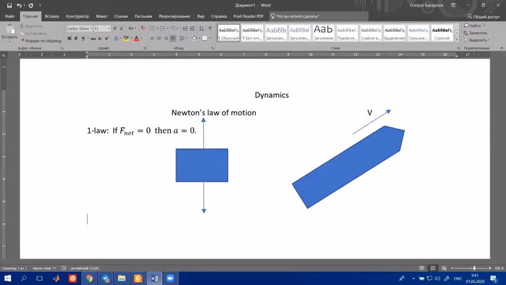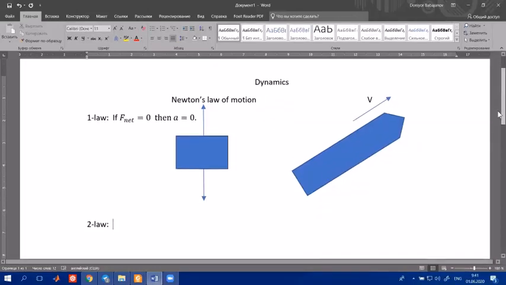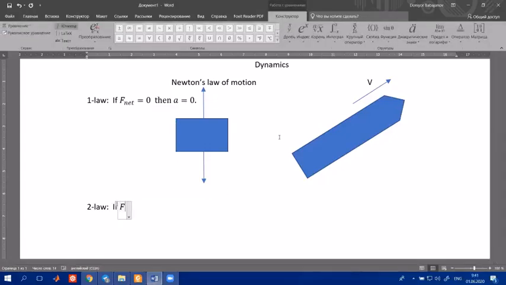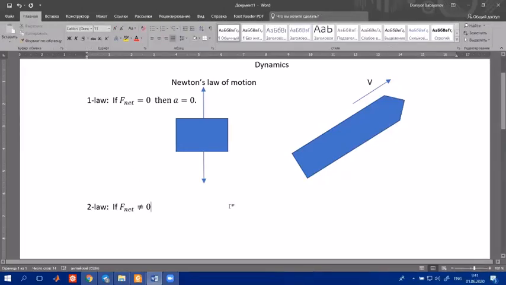Now, the second law. The second law is the most general law among Newton's laws. So if the net force is not zero, imagine that the sum of all forces is not zero, then acceleration also will not be zero.